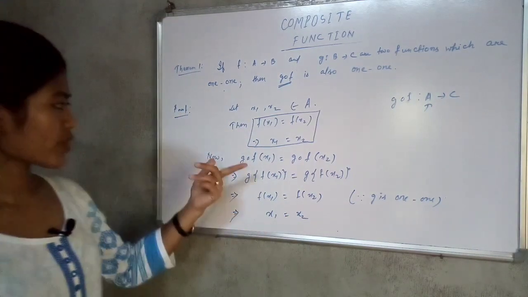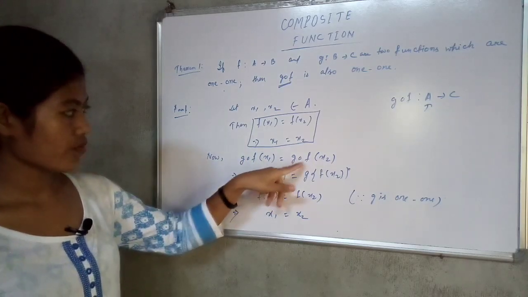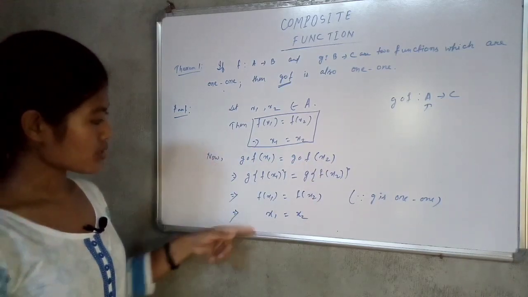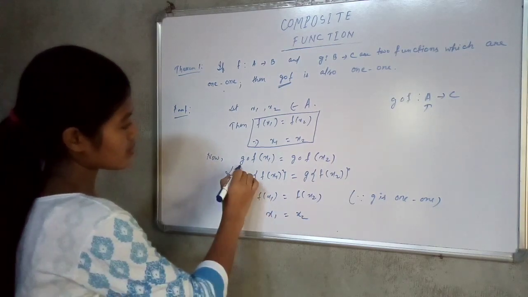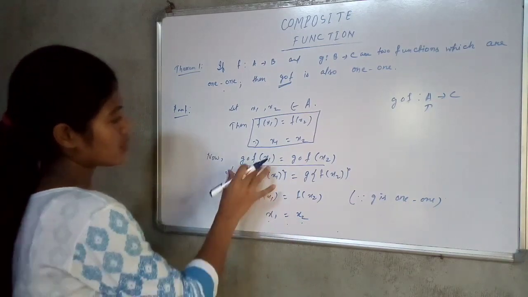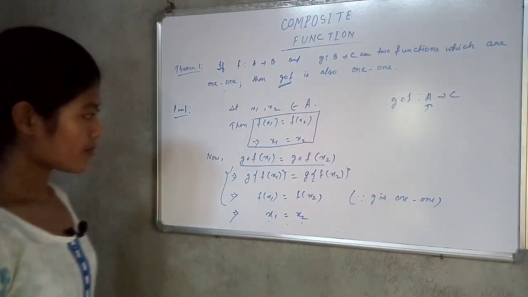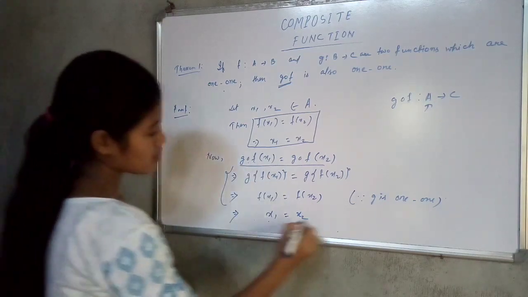So finally, what we have taken initially, g naught f of x1 equals g naught f of x2, finally we got x1 equal x2. That means these two elements are equal, so we can say that g naught f is 1-1.